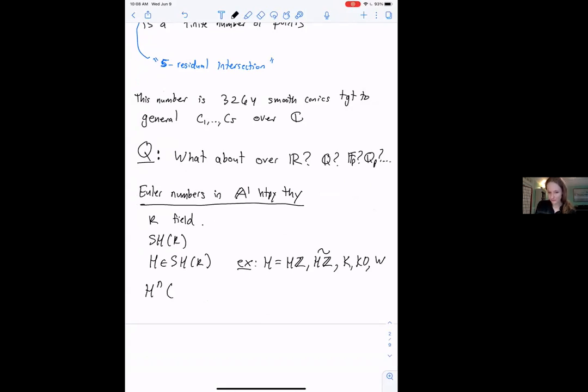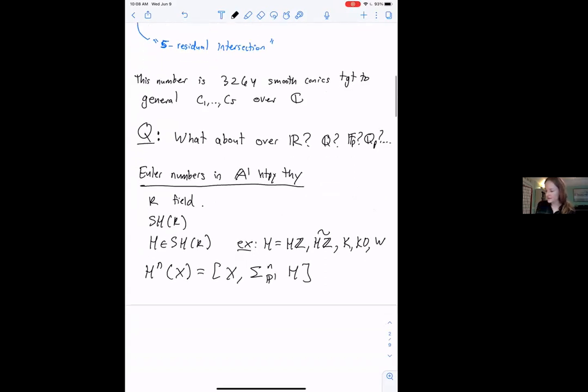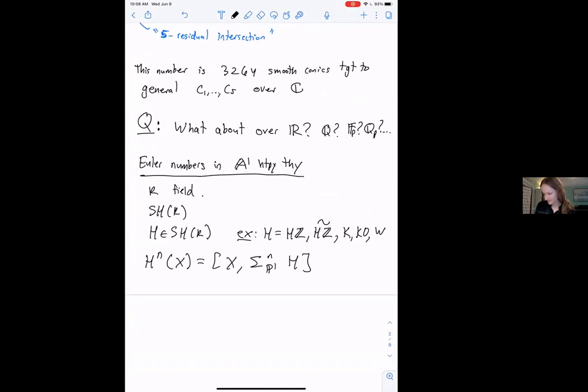And then we're going to work in geometric degrees. Let's let H^n of X be the homotopy classes of maps from X to the nth suspension of H. And we could also take a twisted suspension.